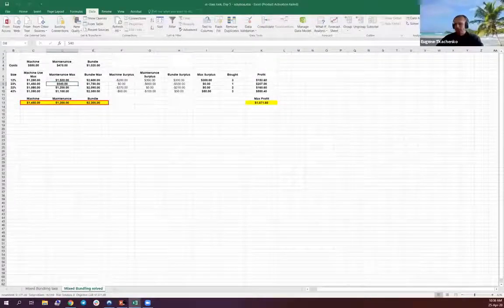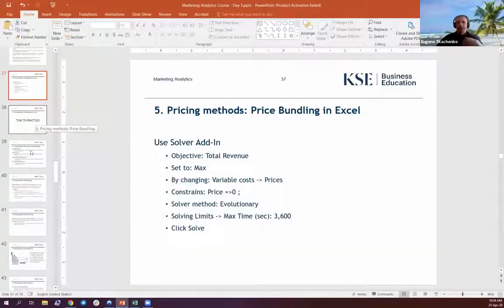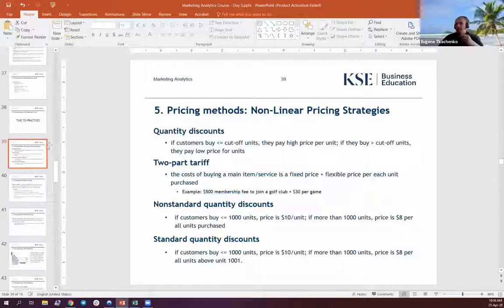Okay, sweet. So let's move to our next set of pricing methods. We also need to talk about nonlinear pricing strategies. Nonlinear in the sense that we have either quantity discounts or discounts applicable based on our rationales, such as a two-part tariff.